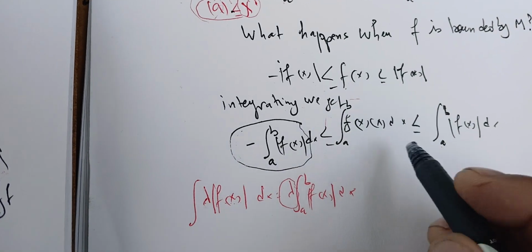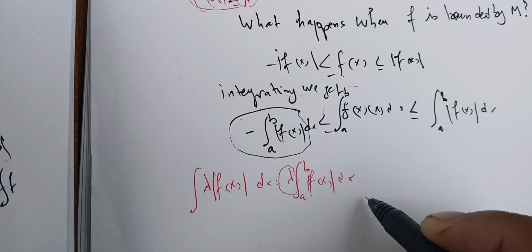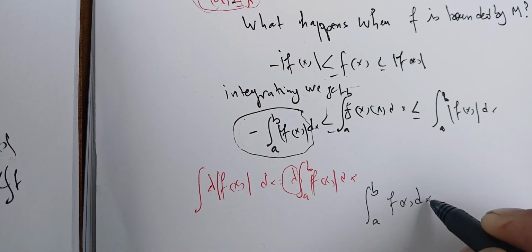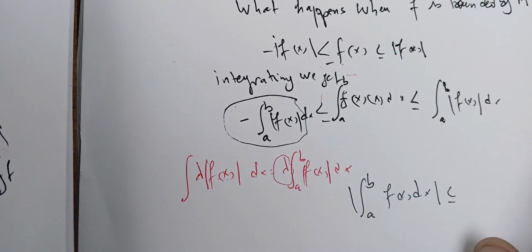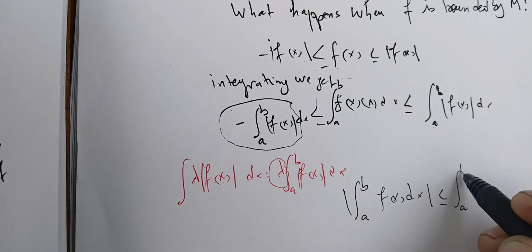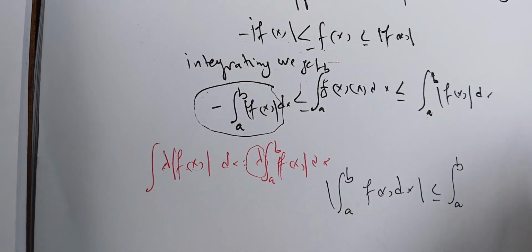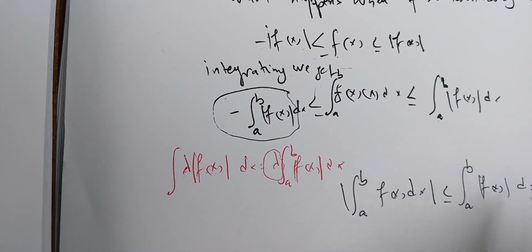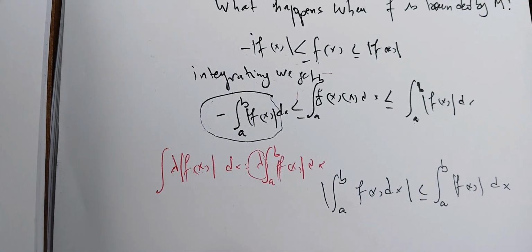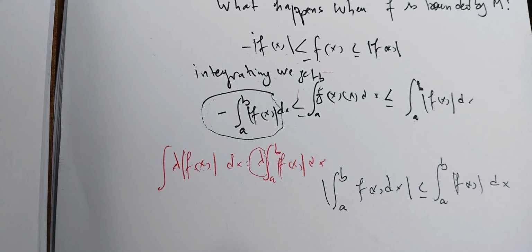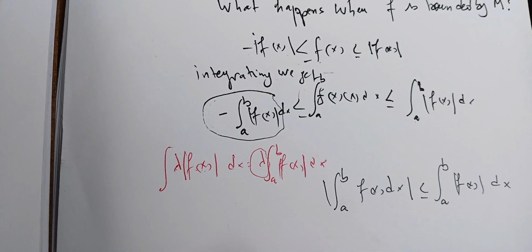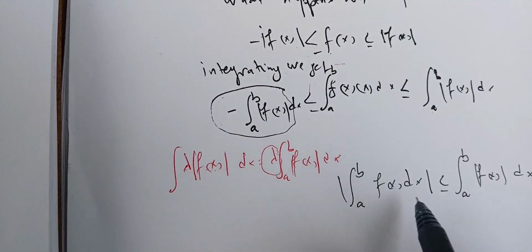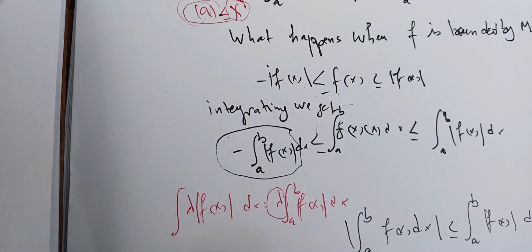So this means that the absolute value of this integral is less than the integral between a and b of the absolute value of f of x dx. So this proves our formula that we need.